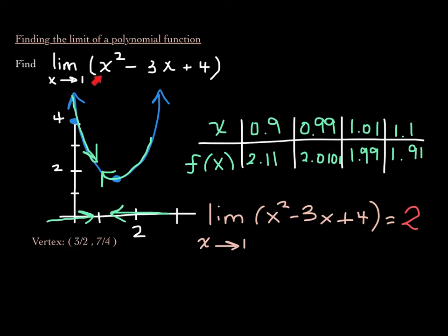If we just plug 1 in, 1 squared minus 3 times 1 plus 4, you will get 2. However, we cannot assume this to be true for all functions. But for polynomial functions, to find the limit, all we have to do is take the value that your x values are approaching, plug it into your polynomial function, and that will be your limit.